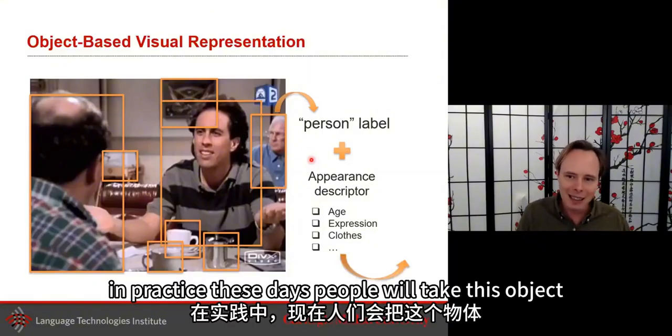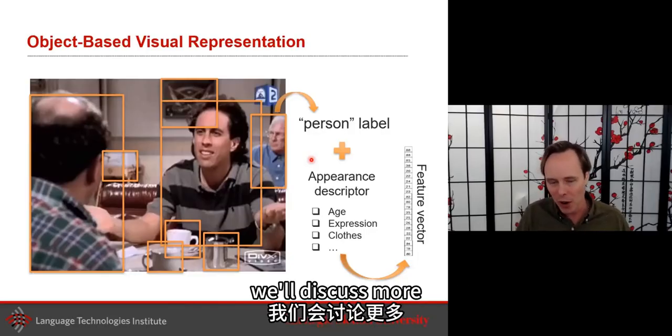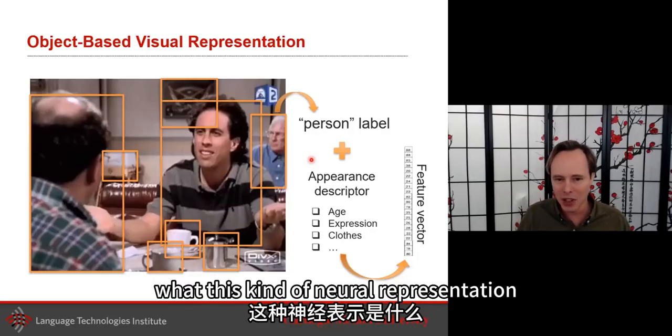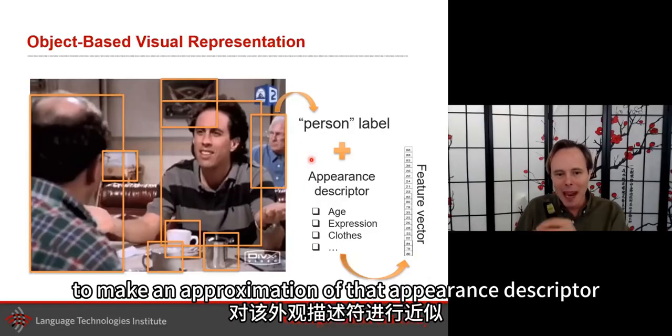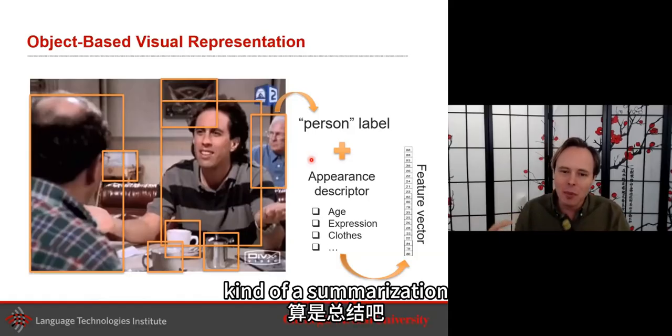In practice, these days, people will take this object and pass it to a neural representation. We'll discuss more what this kind of neural representation like a CNN will do to make an approximation of that appearance descriptor, as a kind of summarization.